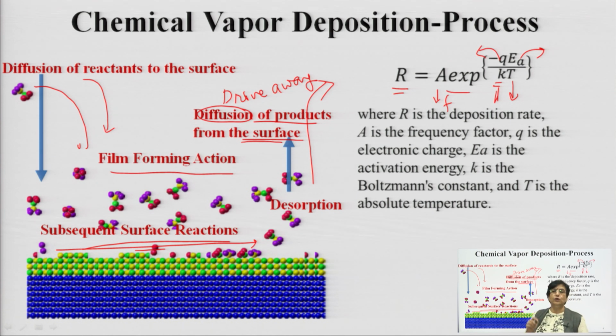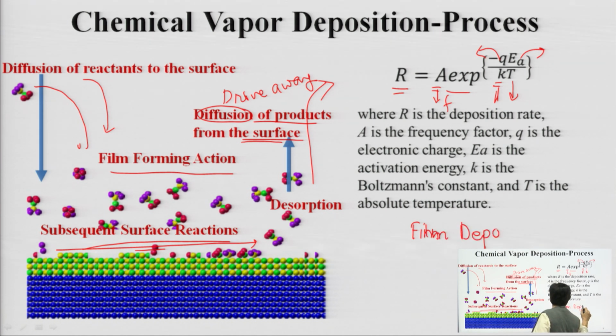Now, here you will get to know that the activation energy with which those species are arriving, the temperature, the frequency factor with which they are arriving, all these things play an important role as far as your film deposition is concerned.